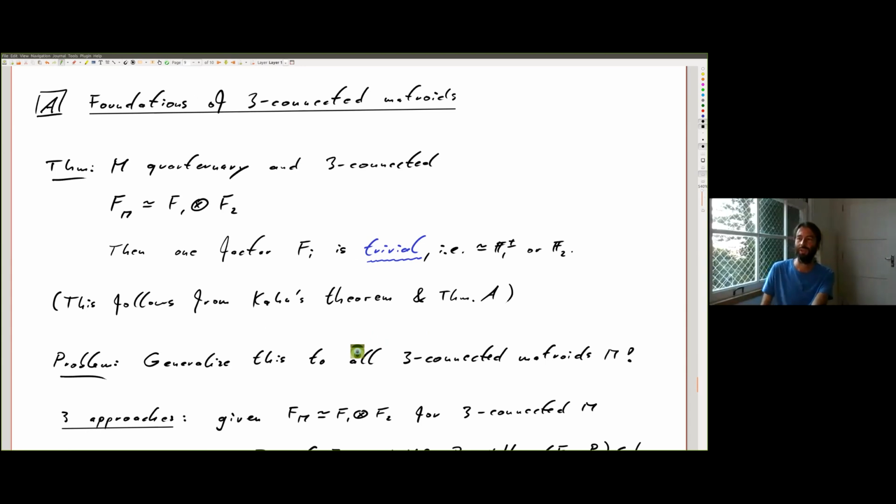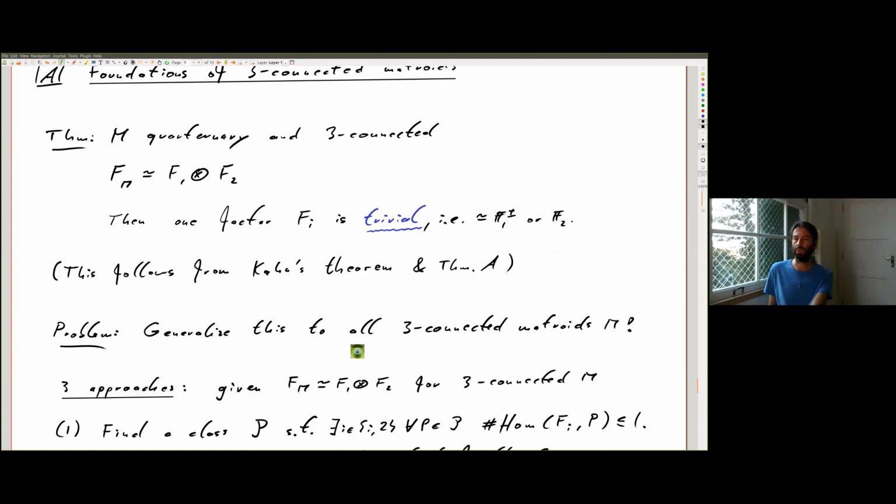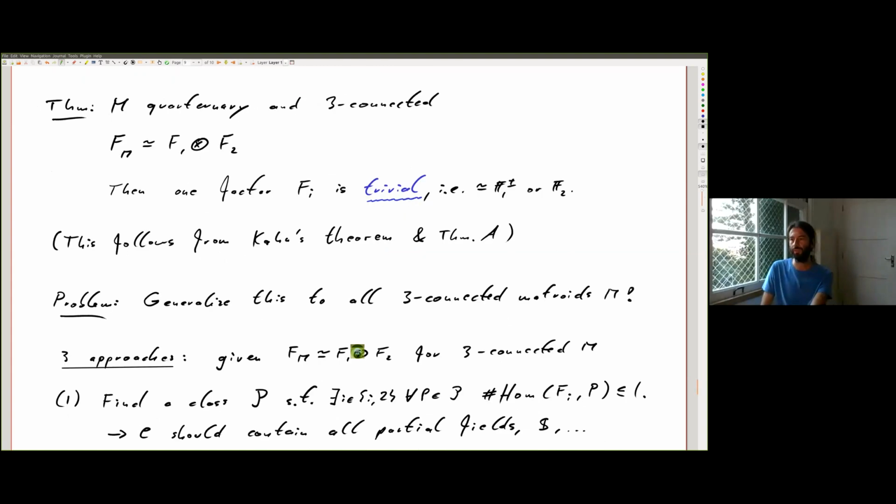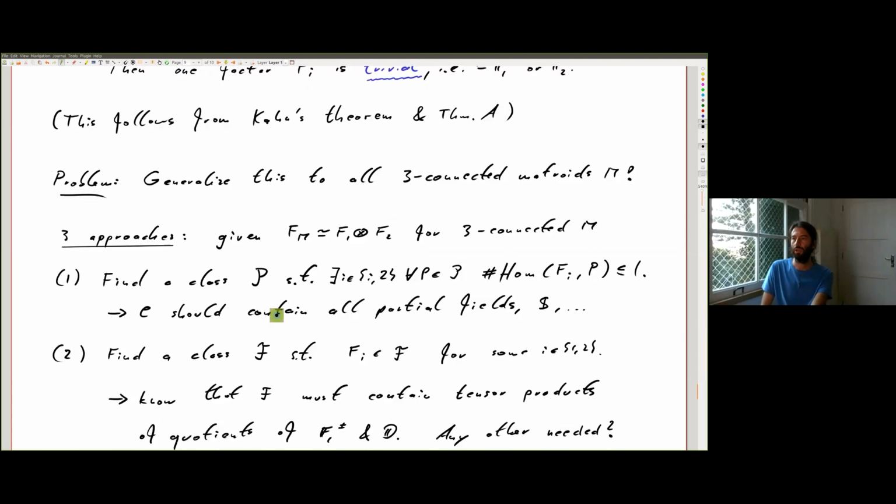That's important. So there are three possible approaches to tackle this problem. If we have a decomposition of the foundation of a 3-connected matroid, first of all we would like to say that there's a class of pastures P, which should be large, such that for all pastures P in this class, there's at most one homomorphism from one of the factors F_i to P, so there's uniqueness and all representations are governed by the other factor.